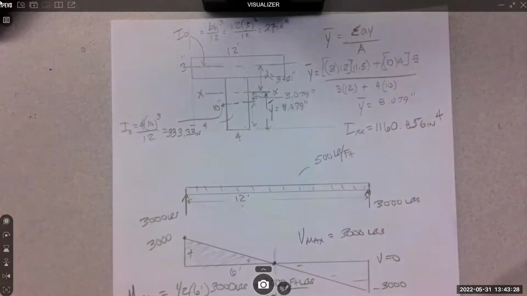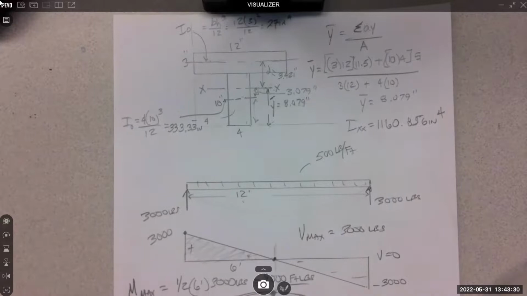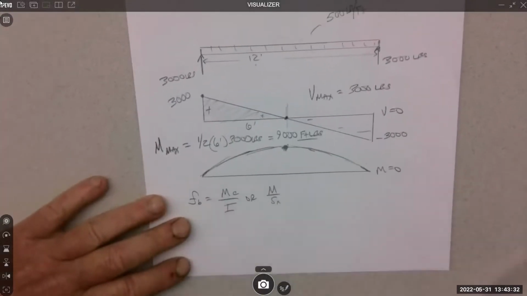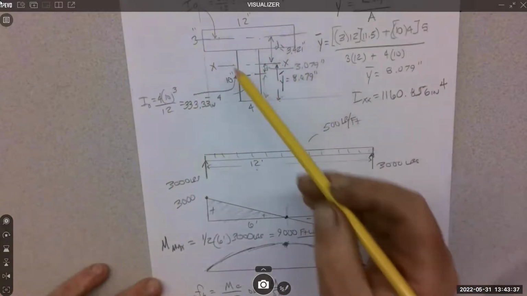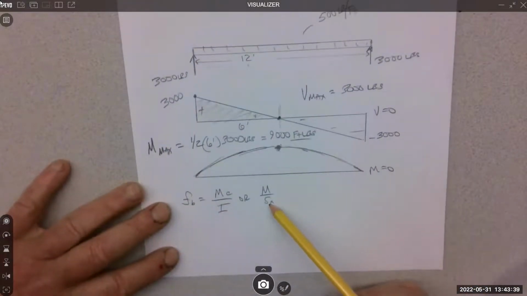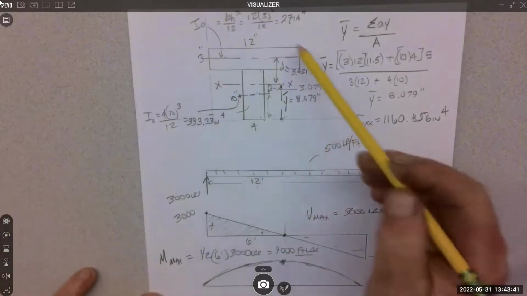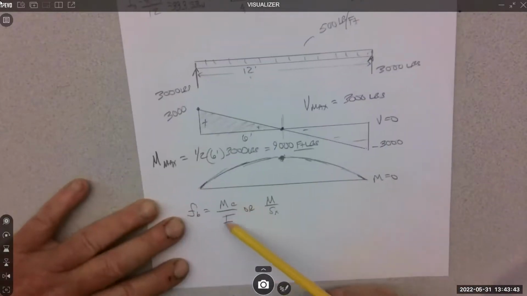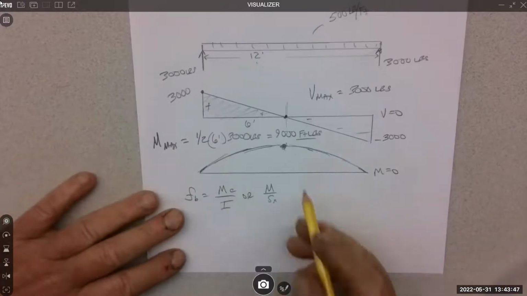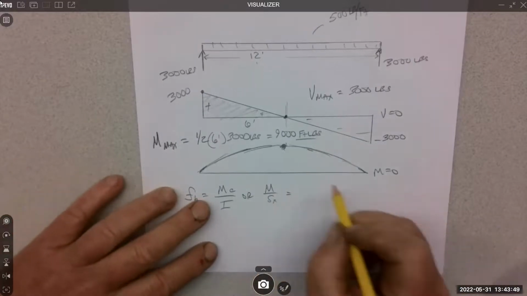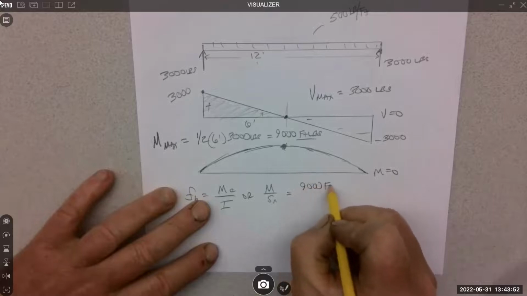8.079. And I just wrote this other version of the equation because if this was a common shape, you can just look up SX and use it. This is not a common shape, so we have to use C and I, which we already calculated, so we're good with that. So our moment is 9,000 foot-pounds.